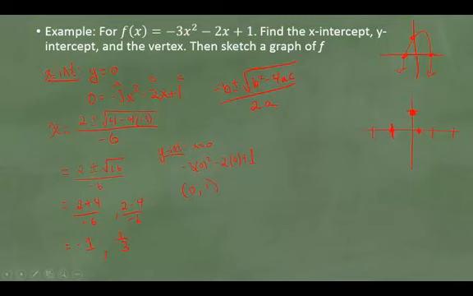And how are you going to find the vertex? You can write this in vertex form, or you can just use the formula. The vertex is at x equal to -b divided by 2 times a, and then the function at -b divided by 2a. -b is -2, or positive 2. 2 times a is 2 times -3, or -6.